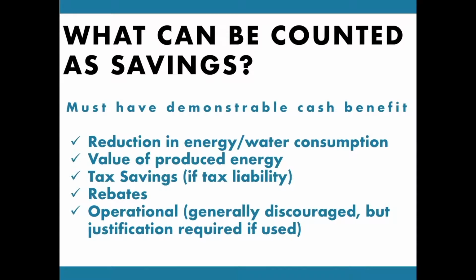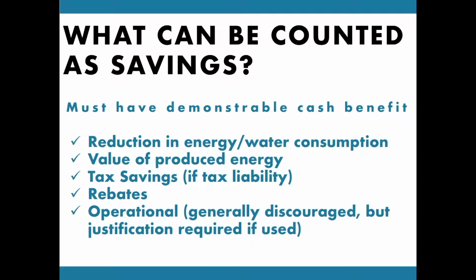Beyond that, there's a number of other things that you could count as savings. The first one is the value of any produced energy. So for example, a production-based incentive, or perhaps net metering, perhaps revenue from a PPA. The next one is tax savings, in the form of tax credits or depreciation, accelerated depreciation.